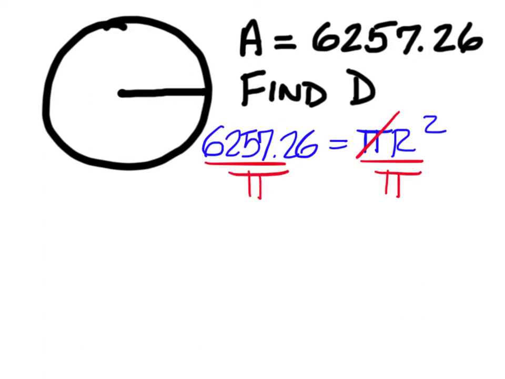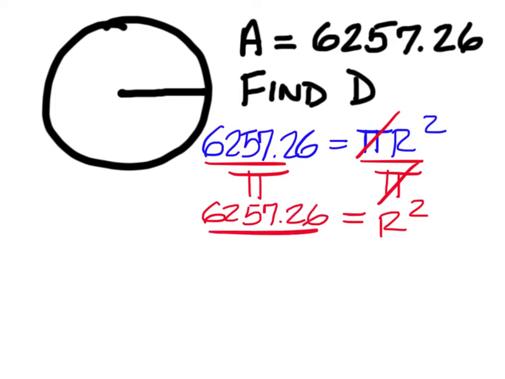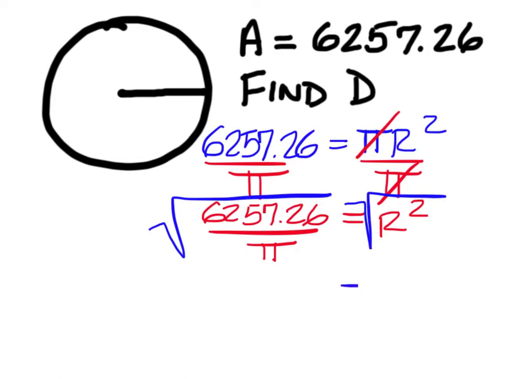You're left with r squared, and leave this alone on the left. Now what do I do to both sides? Square root. What's left on the right? R. Over here, you're going to calculate that.